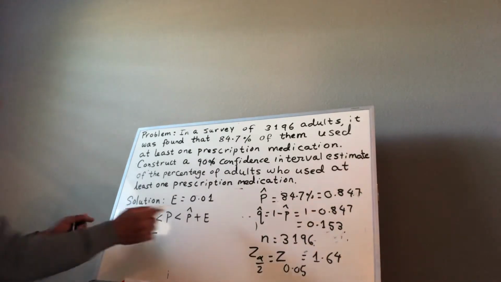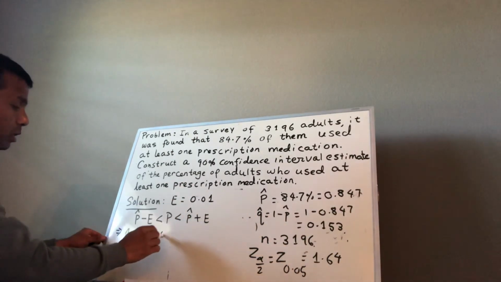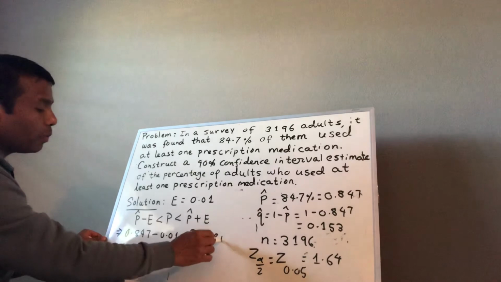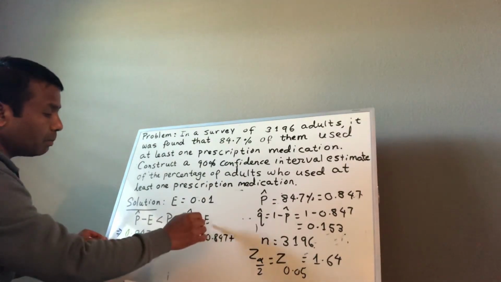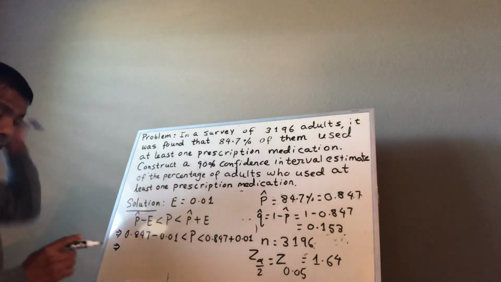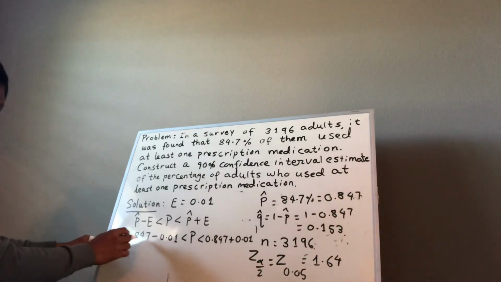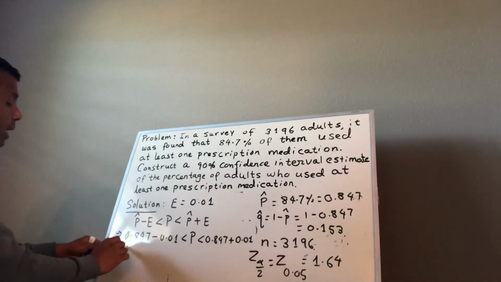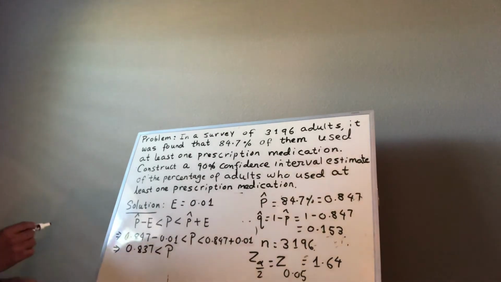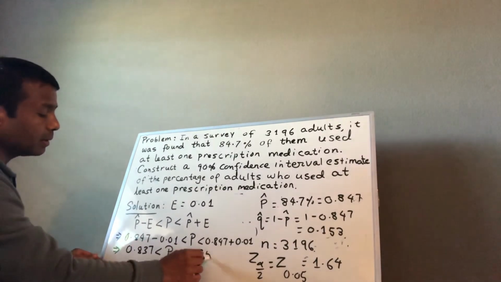We know the value of P hat, which is 0.847 minus, and we also knew the value of margin of error, which is 0.01, is less than P is less than 0.847, this P hat plus the margin of error, 0.01, okay? So if you subtract 0.01 from 0.847, you will get 0.837 is less than P, less than 0.857, okay?